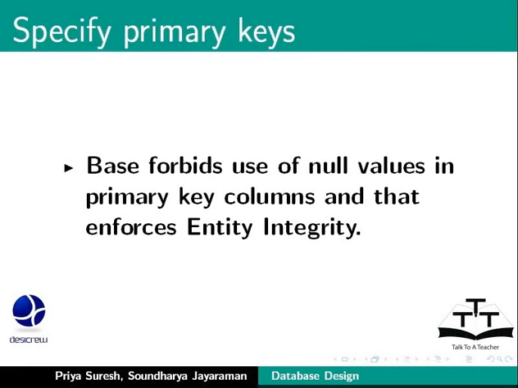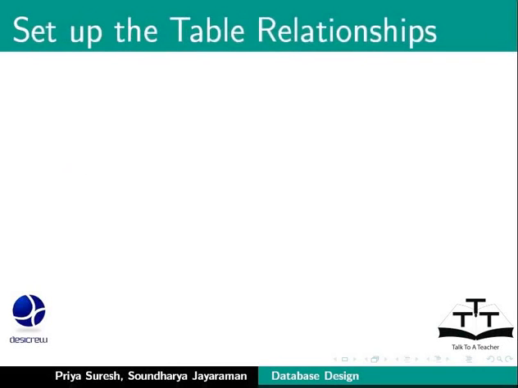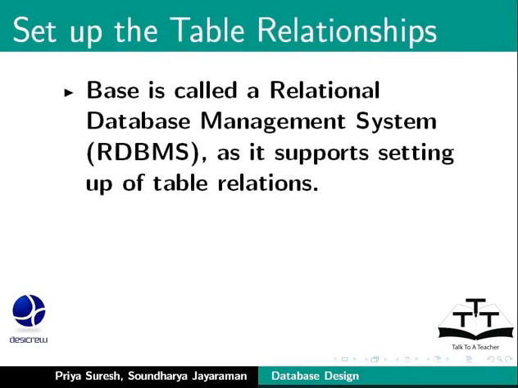Now that we have the primary keys in the tables, we can bring them all together by setting up the relationships. Since Base supports this concept, Base is called a Relational Database Management System, or RDBMS in short. There are a few types of relationships and we will see them now.